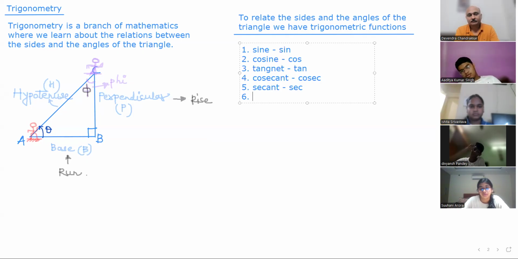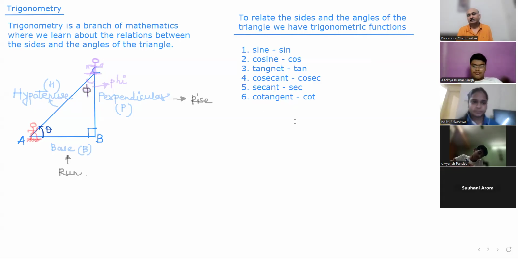And the last one is cotangent, written as cot. Don't read the first one as sin, or else you will be committing a mistake. It's sine. So sine, cos, tan, cosec, sec, and cot are the 6 basic functions of trigonometry which we will be learning.